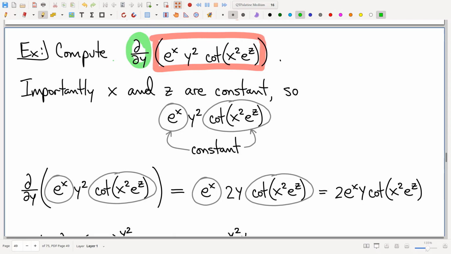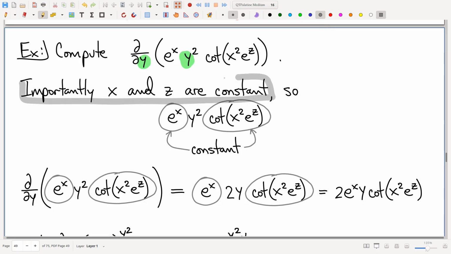Okay. It is not a nightmare. The very important thing to keep in mind is that because we're taking a partial with respect to y, y remains a variable. All the other variables are to be understood as constants. So x, constant.